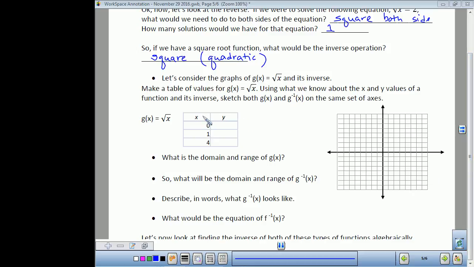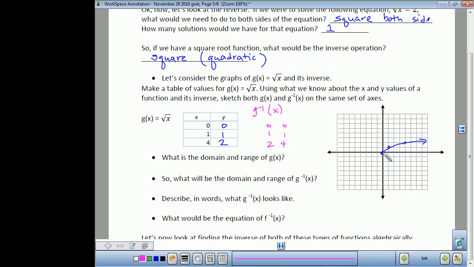Back? Alright. Square root function. So we're going to take the square roots. Square root of 0 is 0. Square root of 1 is 1. Square root of 4 is 2. And then we're going to graph this square root function. And it gives us the eyebrow up. But when we think about the inverse, it's just going to switch them, isn't it?